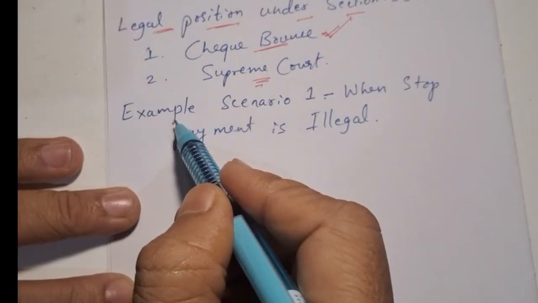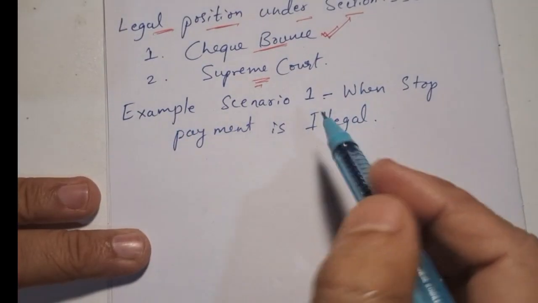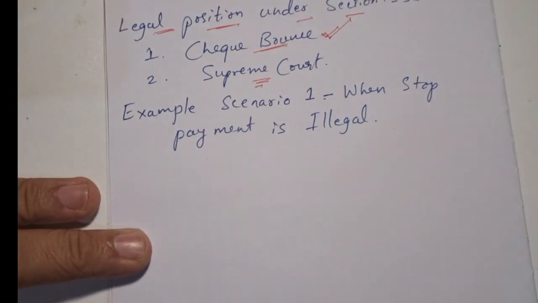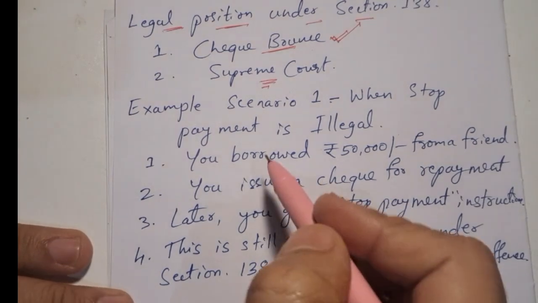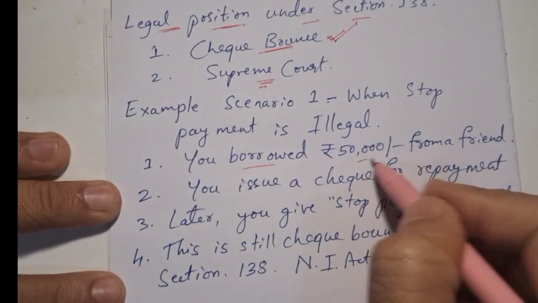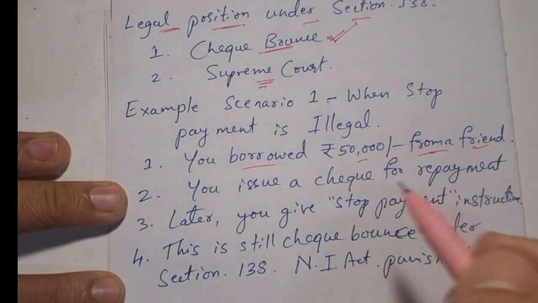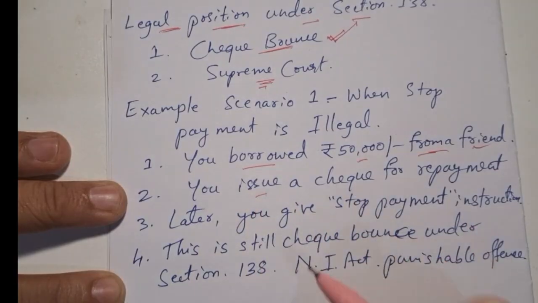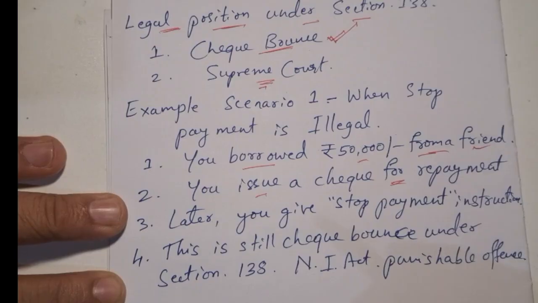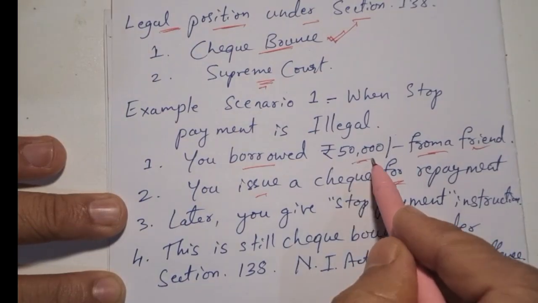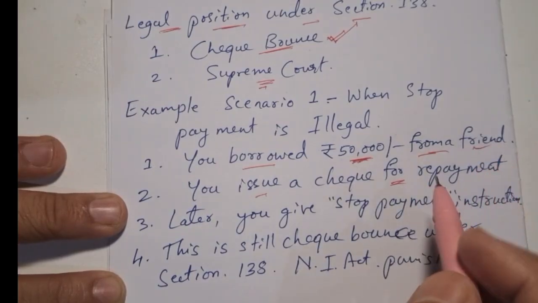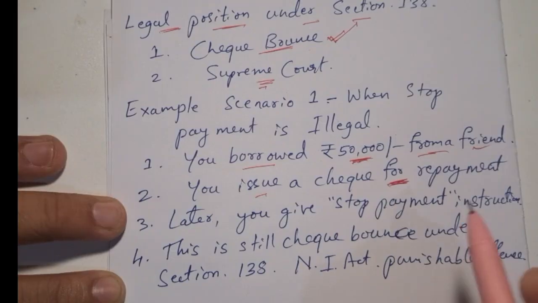So friends, now we will see an example where the stop payment is illegal. The example scenario here is that you borrowed rupees 50,000 from one of your friends and you issued a check while receiving this payment, for repayment. For security purposes, you tell your friend that the 50,000 you are paying, here is a check for which this is going to be the repayment.